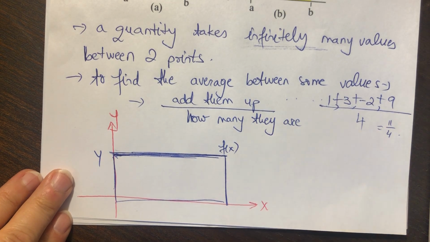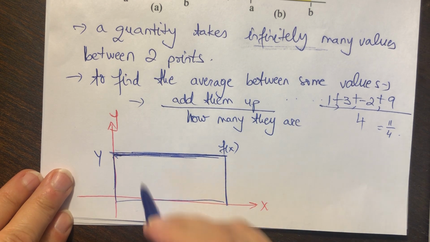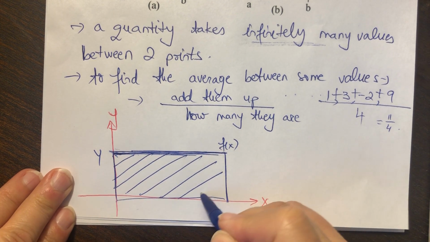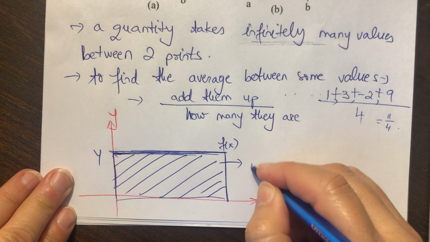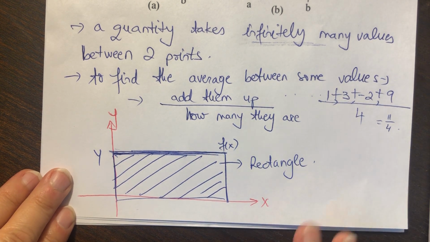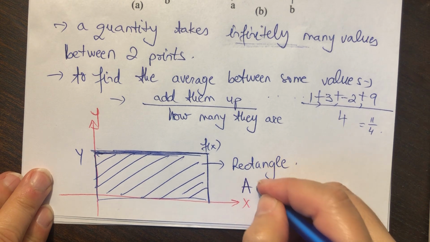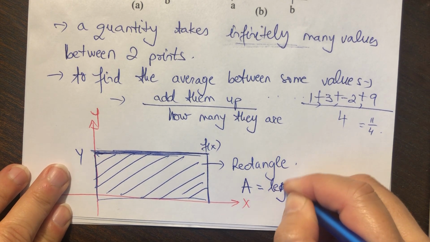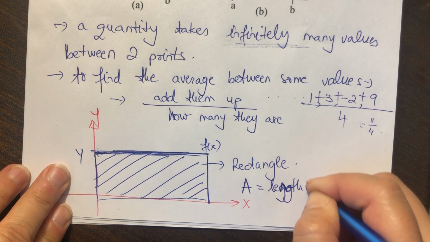However, what I'm trying to do is get back to what we've learned in the last section. Now, if you look at the area under this curve, what does this area form? Obviously a rectangle, yes? Okay. Now, what's the area of a rectangle? It's the length times the width.